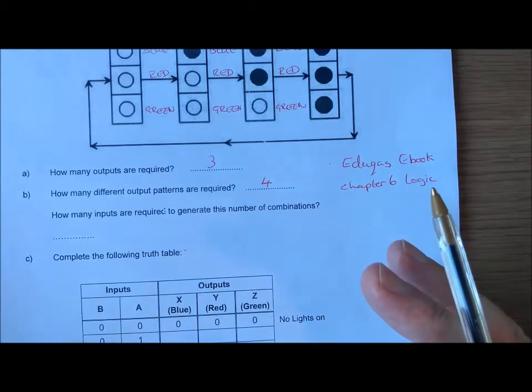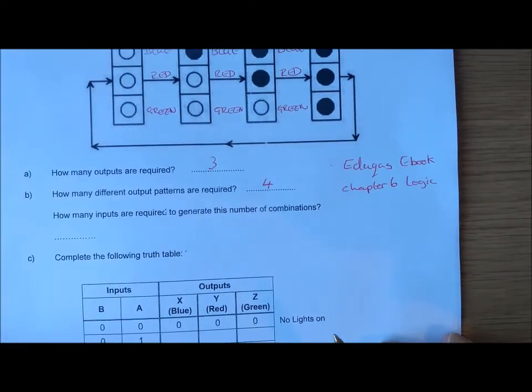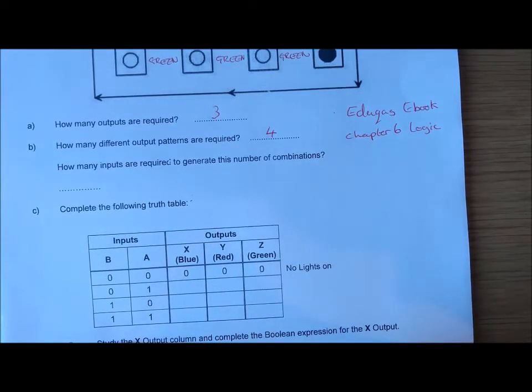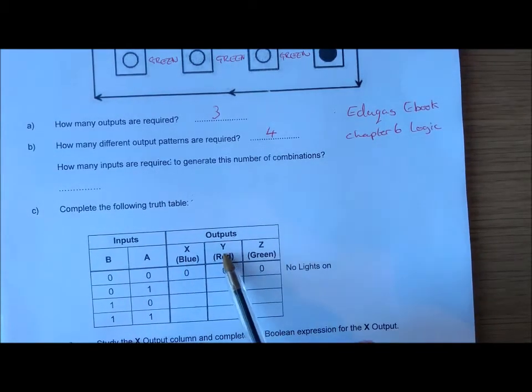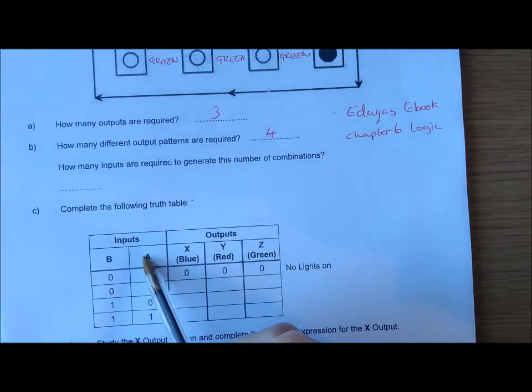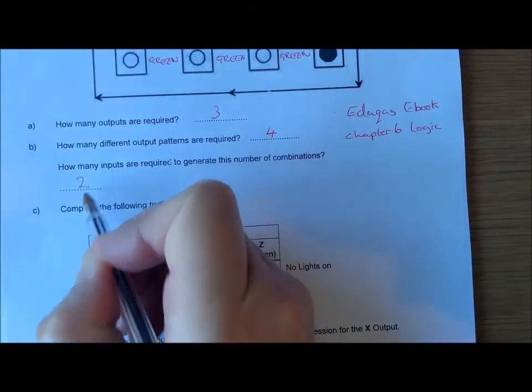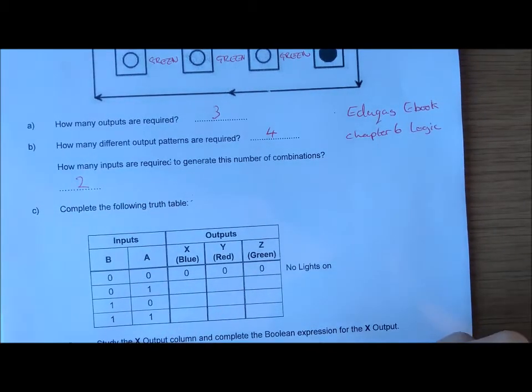There's a simpler way in the question to know this: if you look ahead, they give you the truth table that they want you to fill in, and it tells you here 3 outputs, 2 inputs. So you can check for yourself that there are 2 inputs required to generate this number of combinations.